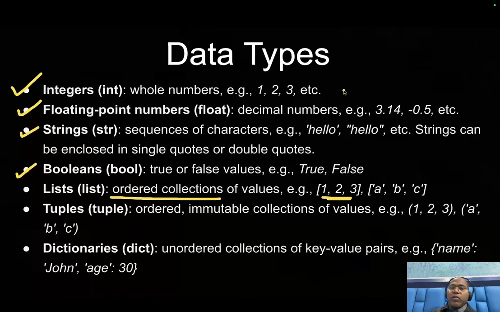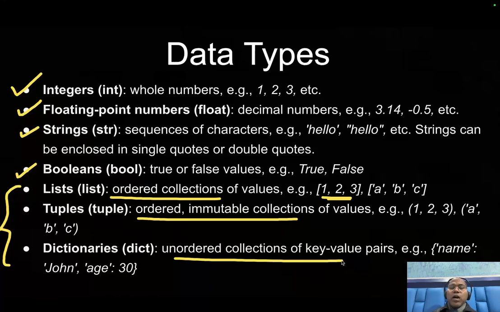And once these values are grouped and collected, it becomes a data structure, known as a collection data structure. Maybe ordered collections, ordered immutable collections, unordered collections with key-value pairs, or unordered collections with non-duplicates, a set. So these are the different kinds of values, and all these values you can assign to your variable.